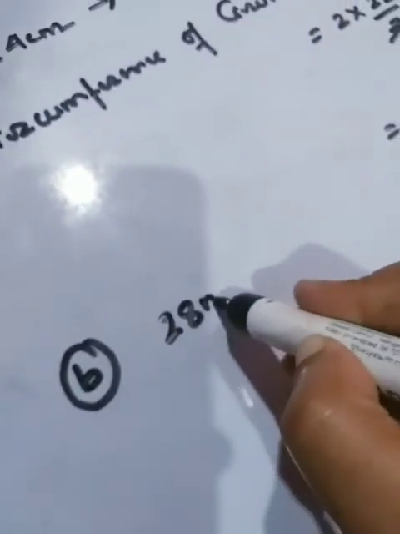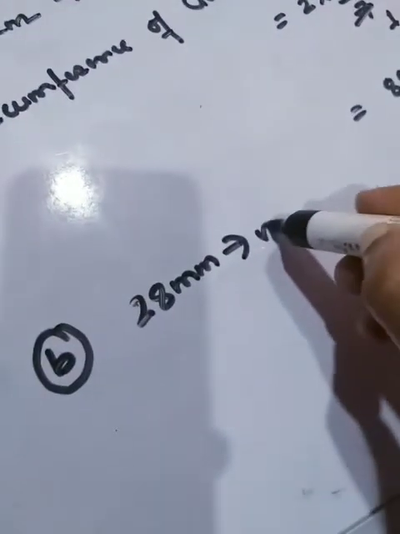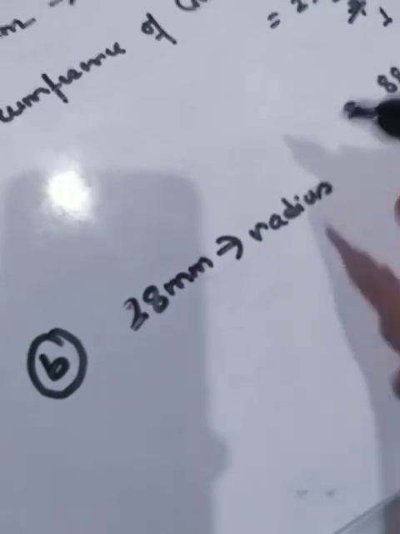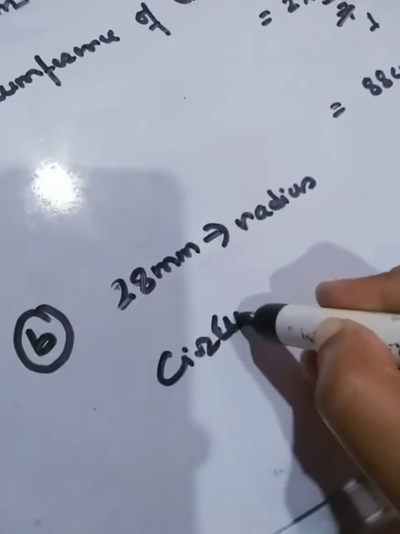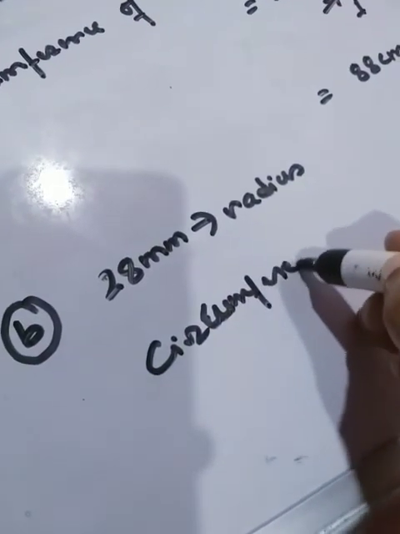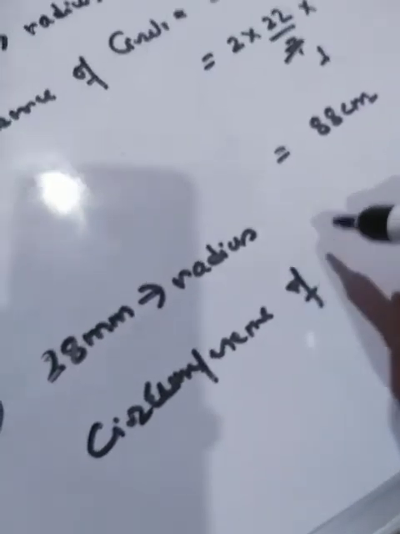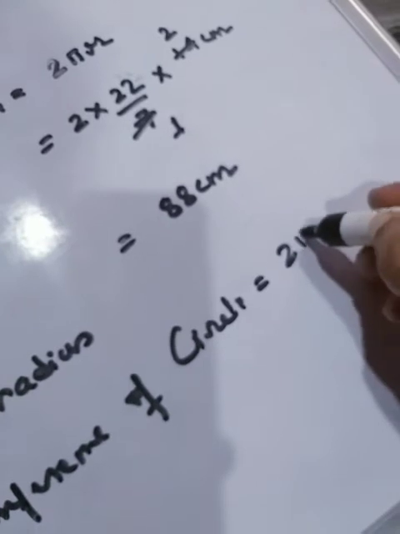So easy, isn't it? Now let's see question number B. The value of radius is given as 28 millimeter. Now what is the next thing that you will do? You will write the formula. That is circumference of circle equals 2 pi r.